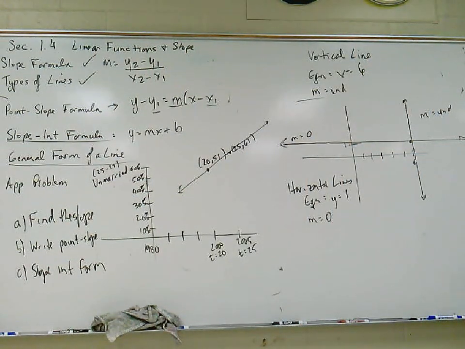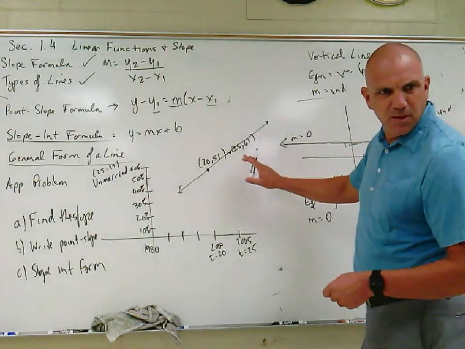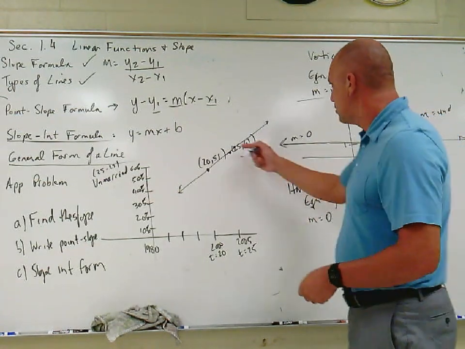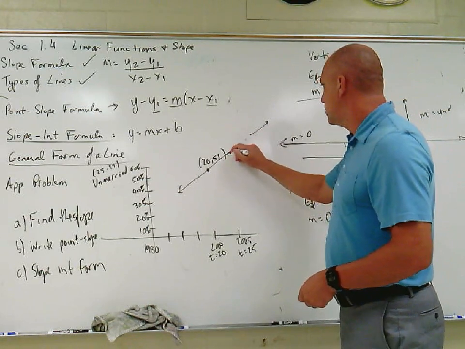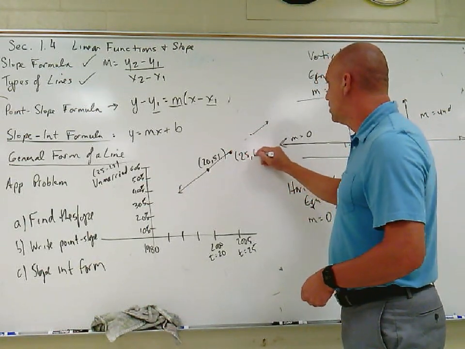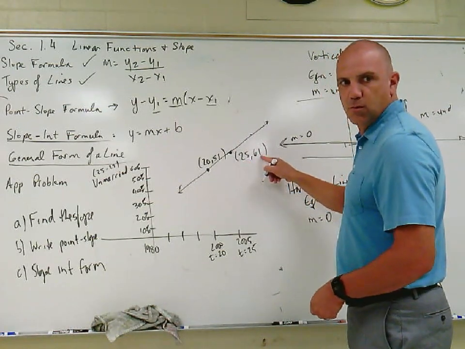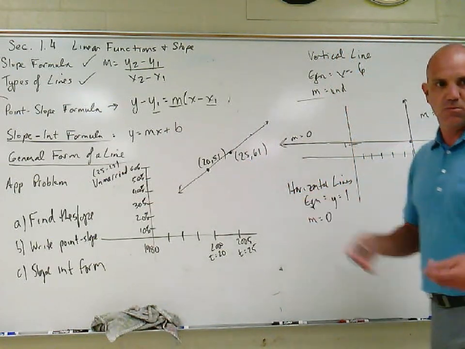So using that data, sorry, it's not the best, that's (25, 61), because that's 25 years since 1980, 61% are unmarried. That's just made up.